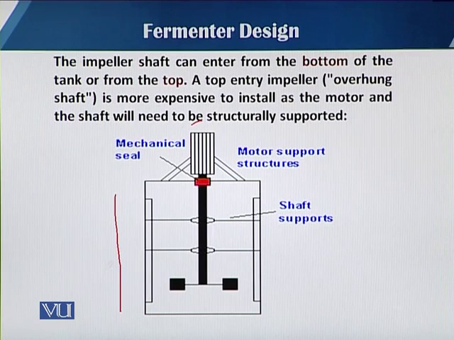In this case, it is more expensive to install on the top, because in the head space there is a chance of air exit and air in. That's why the seal is very critical, because we have to keep in mind the passage and the space in the seal with respect to the air and the size of the particles.